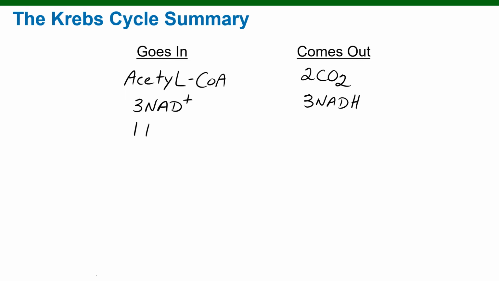Also, 1 FAD goes in, and what comes out is an energy-rich FADH2, and 1 ADP goes in and picks up a phosphate and becomes ATP. So every time the Krebs cycle turns, these items go in and these items come out.